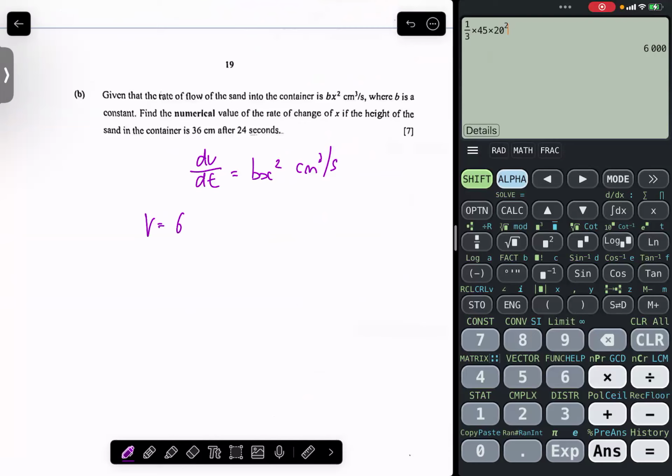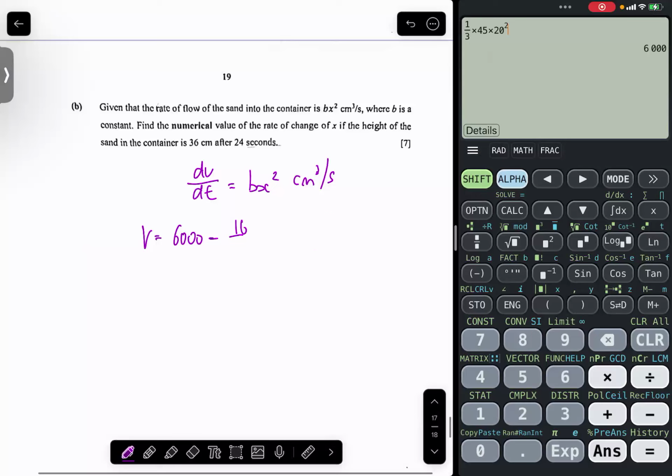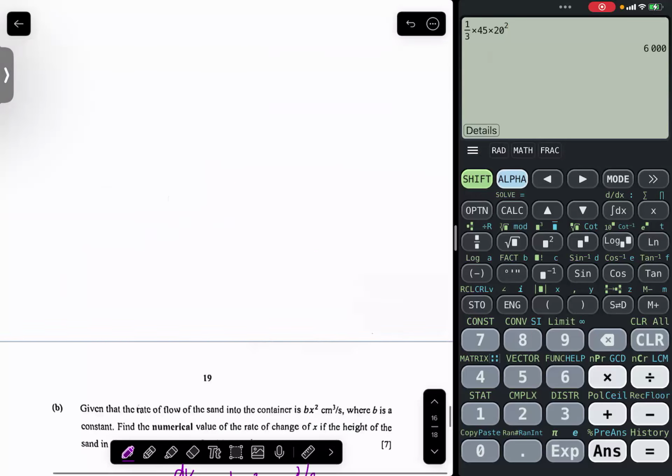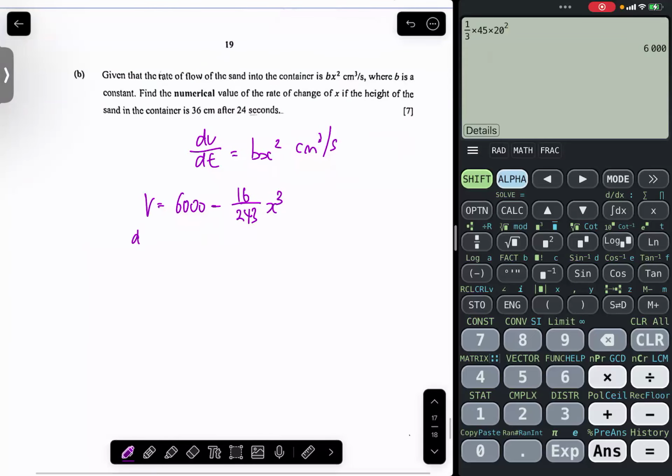Then V equals 6,000 minus 16 over 243 x cubed. So we can get dV/dx equals negative 16 over 81 x squared.